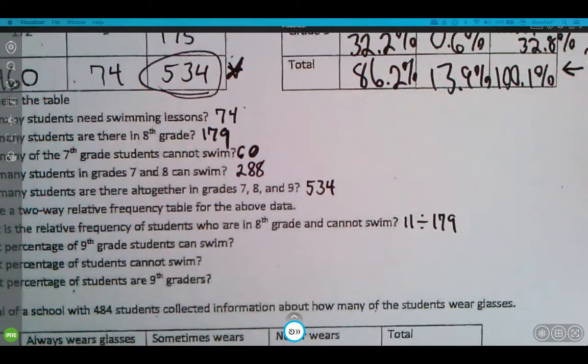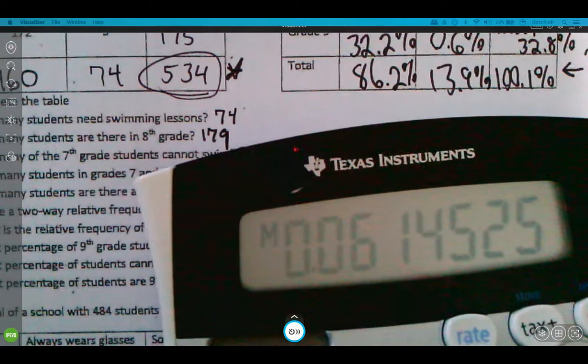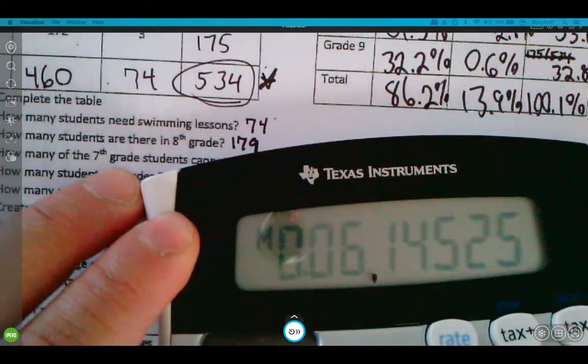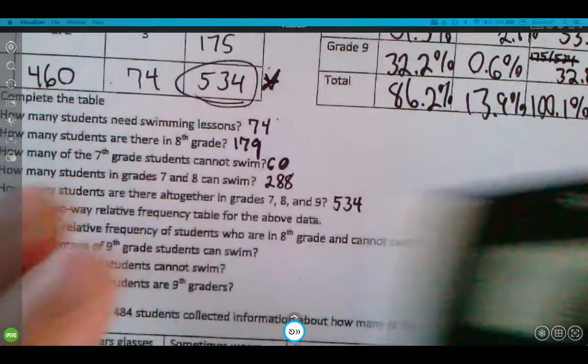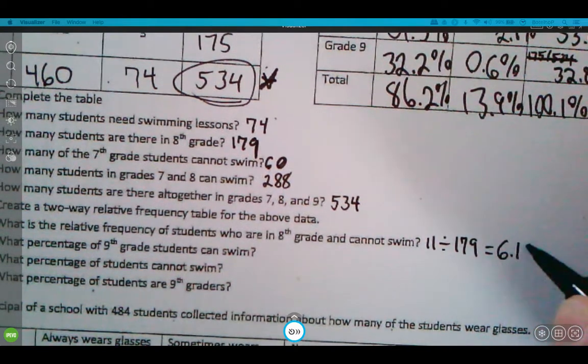And I get, so most 8th graders can swim, because then I get this number, move the decimal over. We're going to erase this here. So it's 6.1%. Okay.